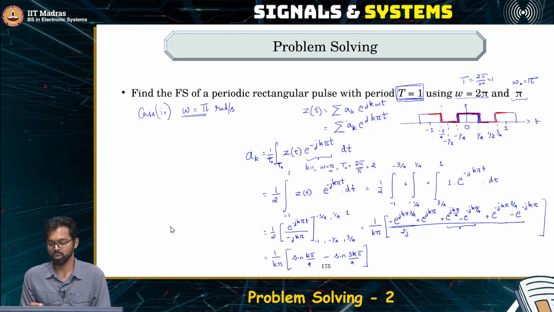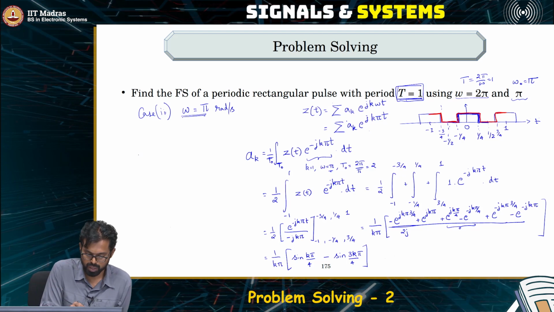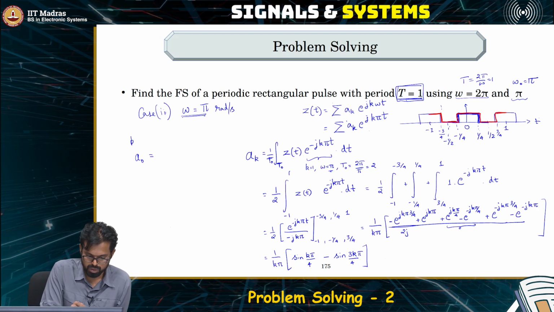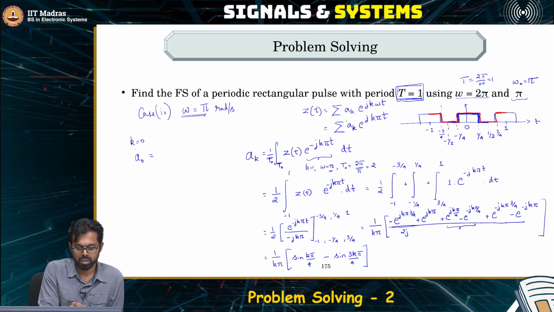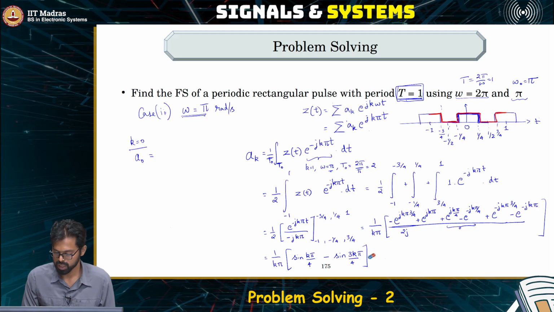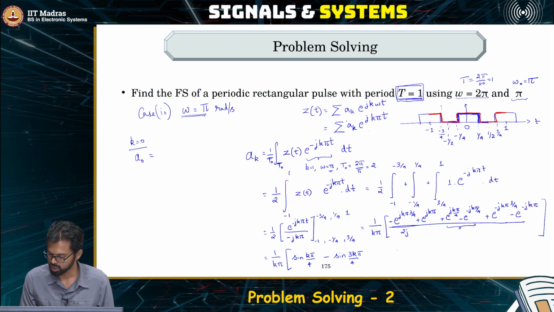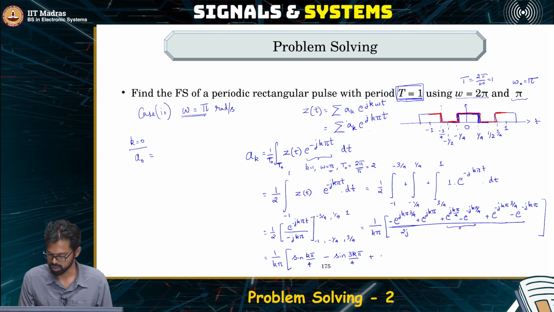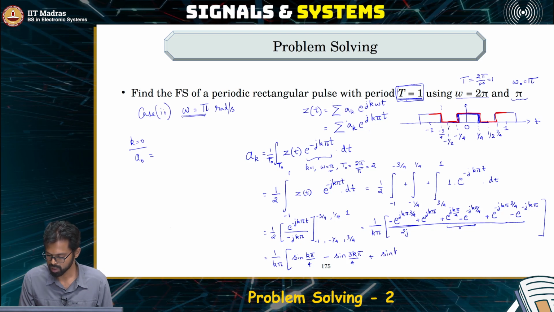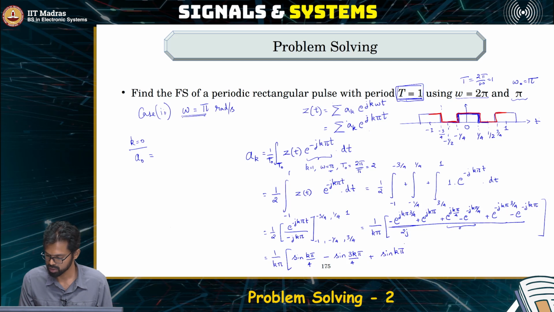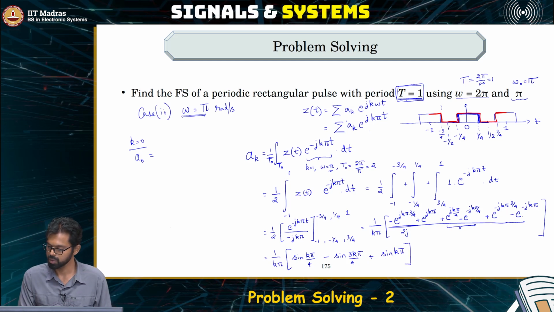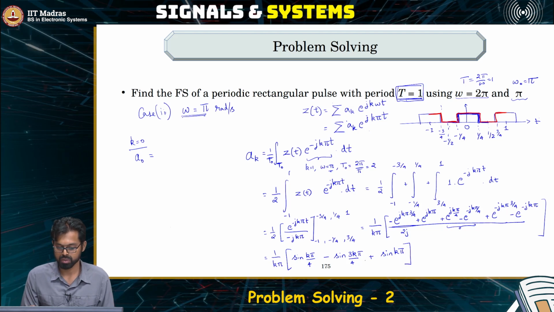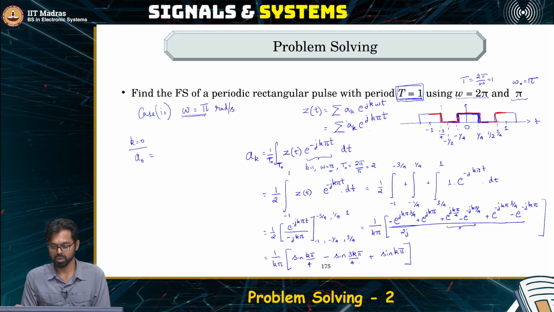So let's compute the coefficients now. What happens when A0 is computed? That is k equal to 0. When k is equal to 0, what we have to keep in mind is that we should not ignore the other term that we had here, which is plus sine k pi. This term does not vanish when k is equal to 0. For k not equal to 0, it vanishes.